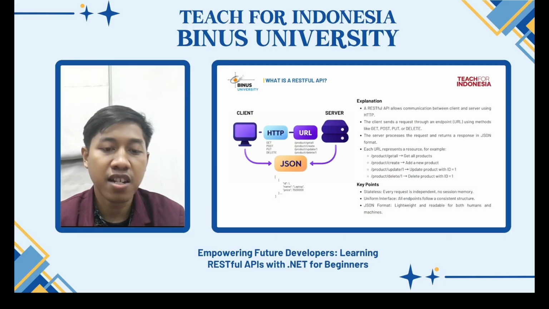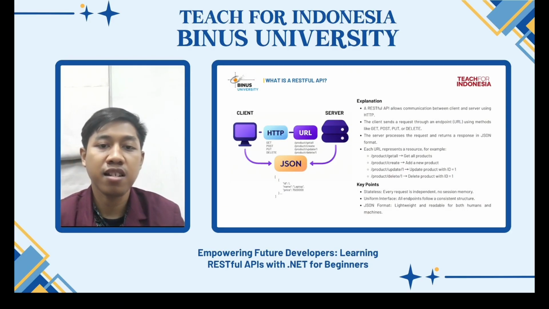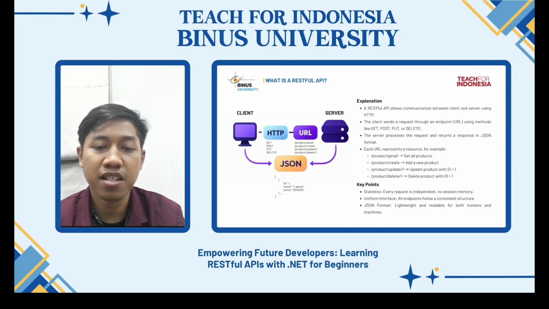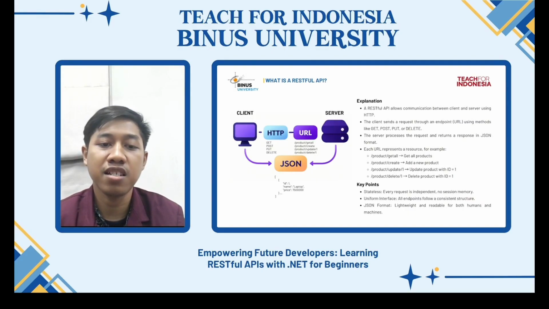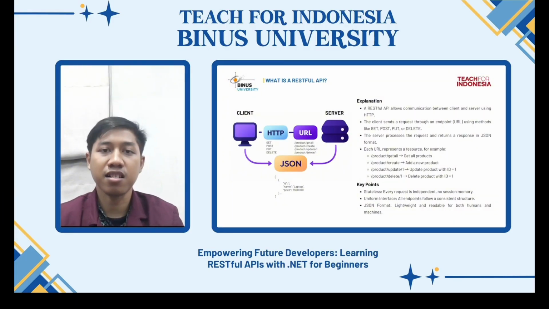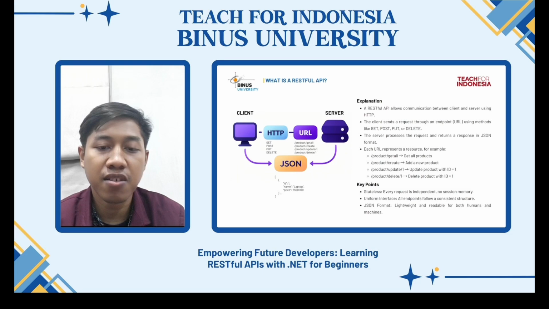Example: /product GET to fetch all data, /product POST to create data, /product PUT to update by ID, and lastly /product DELETE to delete one by ID. REST is stateless, consistent, and simple, which is why it is widely used.